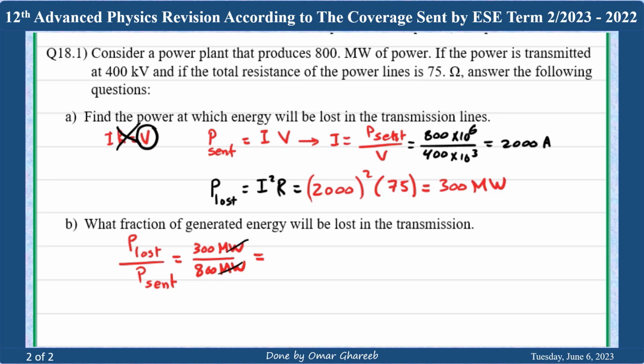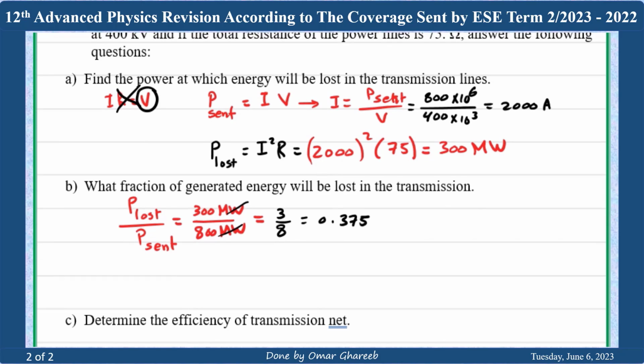So the answer is 3 over 8, and it is 0.375. This is the fraction. If you need it as a percentage, P lost by P sent as percentage, multiply by 100. So it is 37.5%.